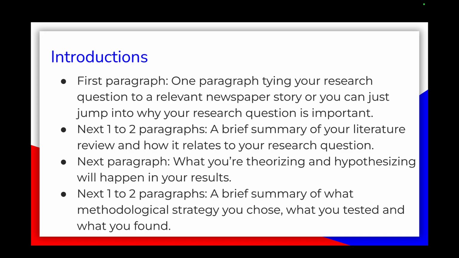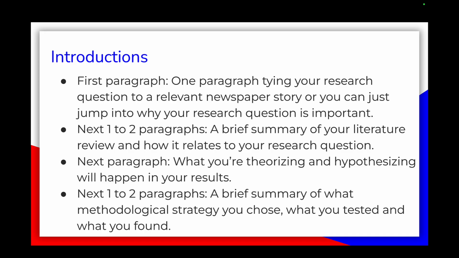Now, that next paragraph, the third or potentially fourth paragraph, is you're going to have a summary of what you are theorizing and hypothesizing is going to happen in your results. Okay, and then the final 1 to 2 paragraphs is your research design and results. So this is a brief summary of what methodological strategy you chose. Did you choose case studies?